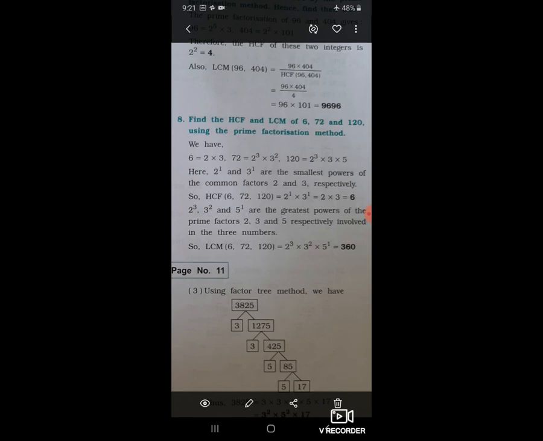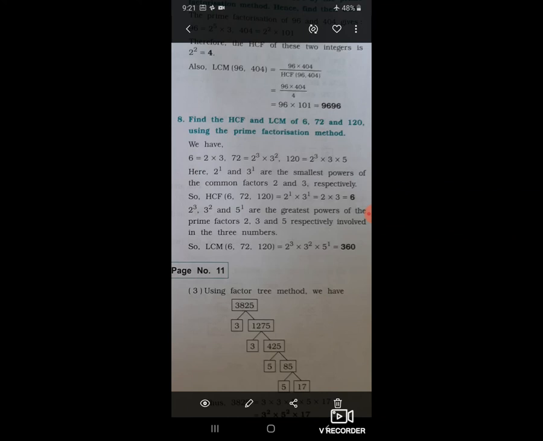Here 2 raised to power 1 and 3 raised to power 1 are the smallest power of the common factor 2 and 3. So HCF of 3 positive integers 6, 72 and 120 is equal to 2 raised to 1 multiply 3 raised to 1 equal to 6.